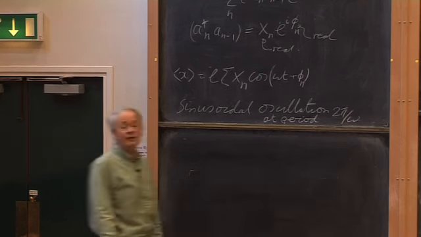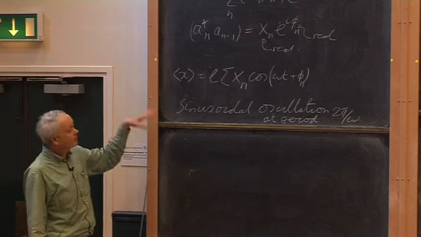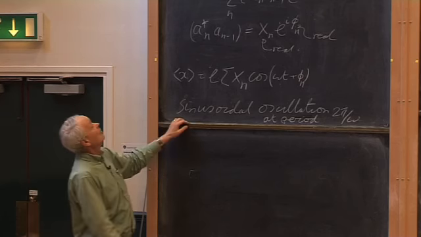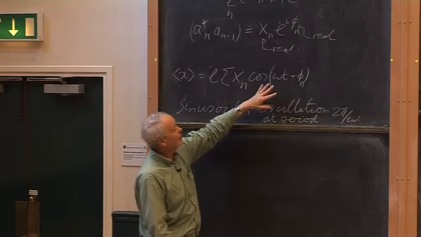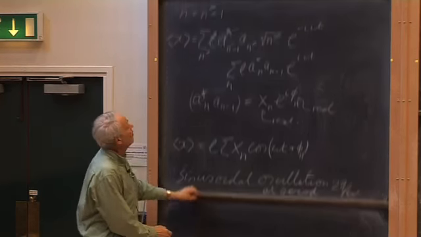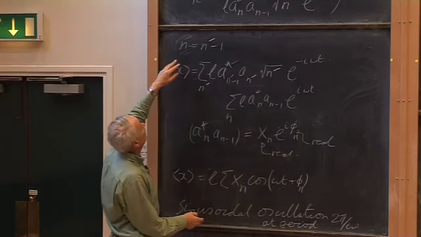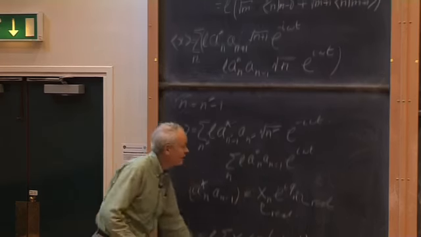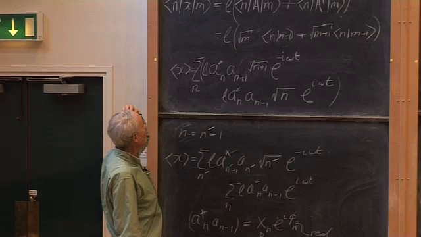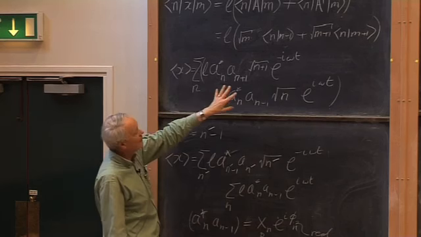In other words, we have in fact recovered classical physics, the classical motion. So the motion at this frequency occurs because of interference, quantum interference between states. These terms we've got are quantum interference between states of different energy.